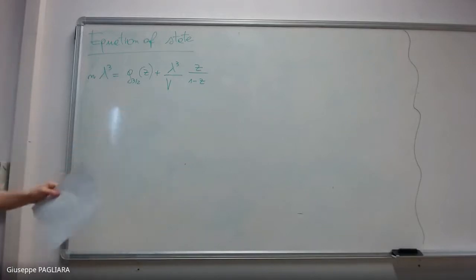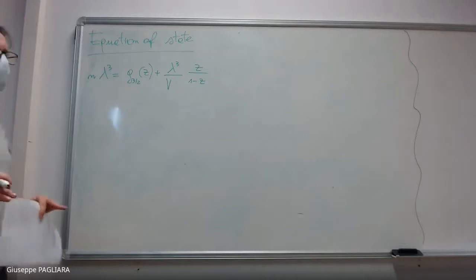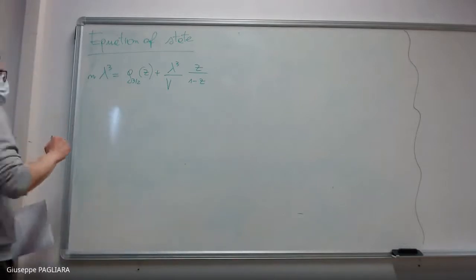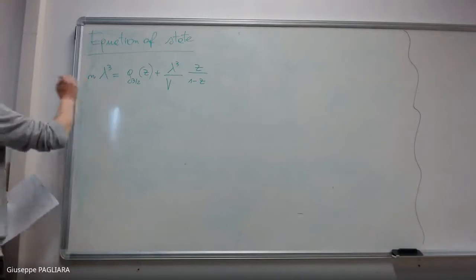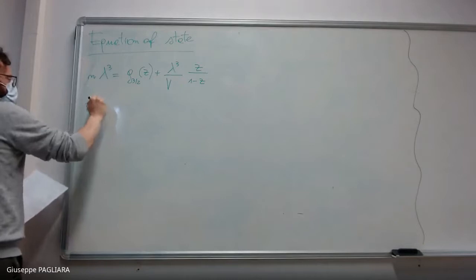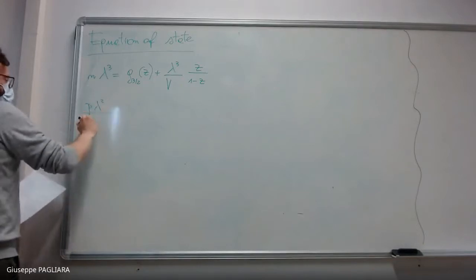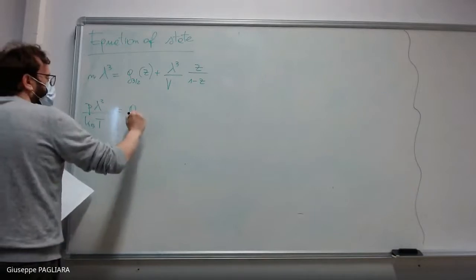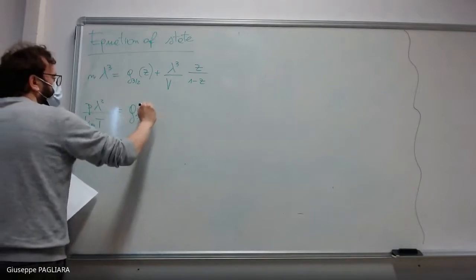because I'm considering a situation in which I can have a mixture of particles in the continuum and particles in the ground state. So this is the relation of n lambda cubed, and then I have a similar relation, p lambda cubed divided by kBT is equal to g 5/2 of z.